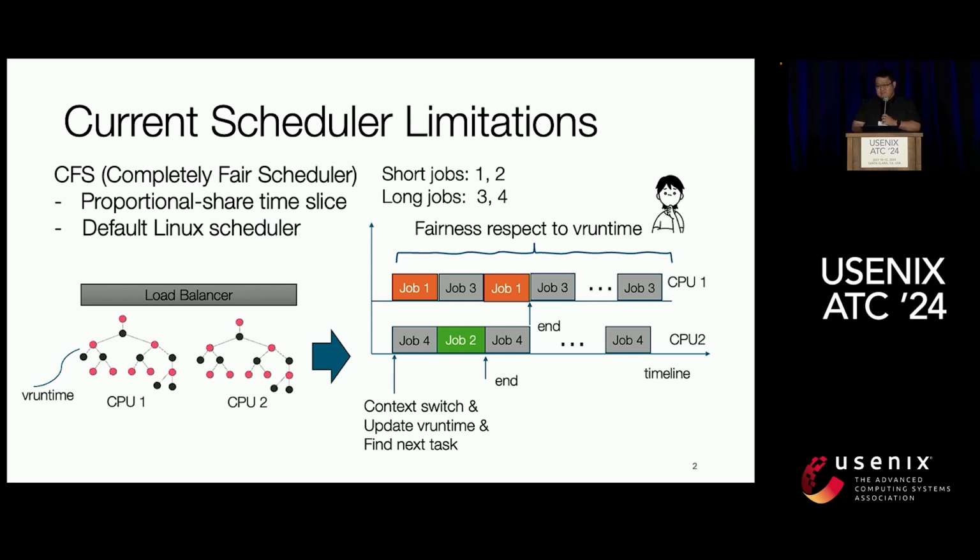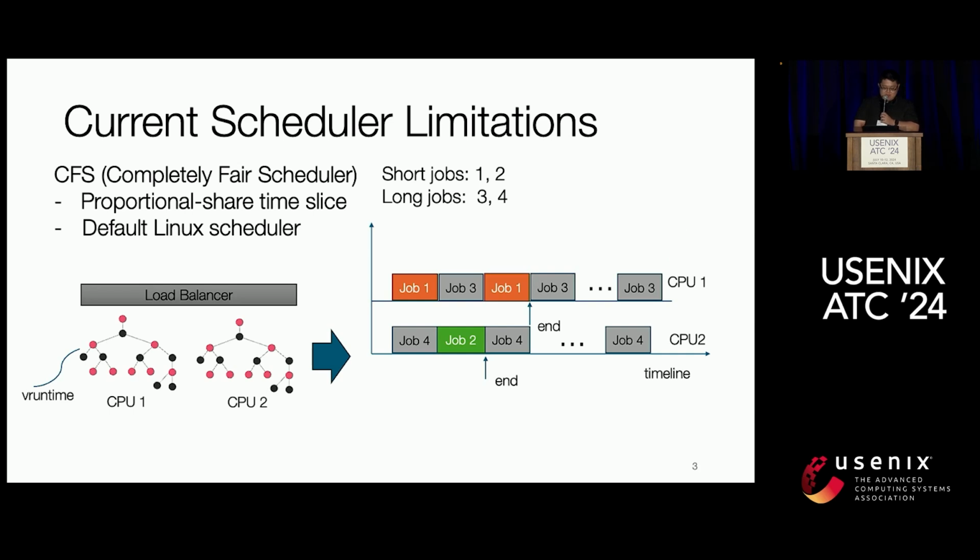However, does this fairness also yield optimal end-to-end performance for service functions? Let's look at an easy example. Let's see CPU 2. At the beginning of this workload, CFS must determine which job to run first, job 2 or job 4.